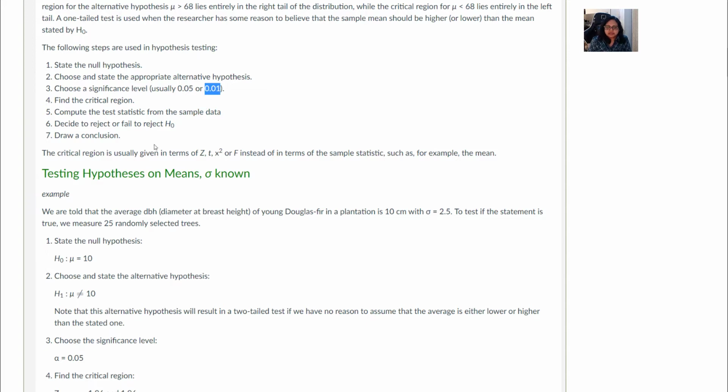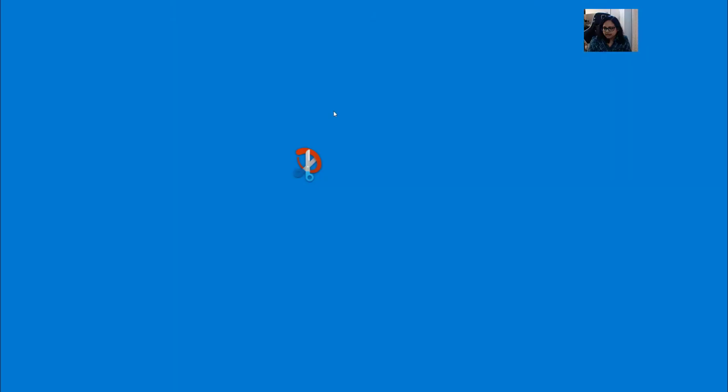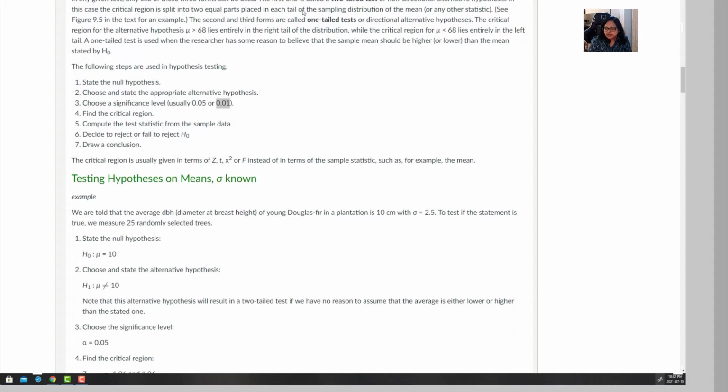Let's say what we mean by that. Whenever we have a test, let's say a Z test, we have two critical regions, this side and this side. If we use 0.05 and it is a two-sided test, then you have to divide the 0.05 probability into 2: 0.025, and then 0.025 on the other side.